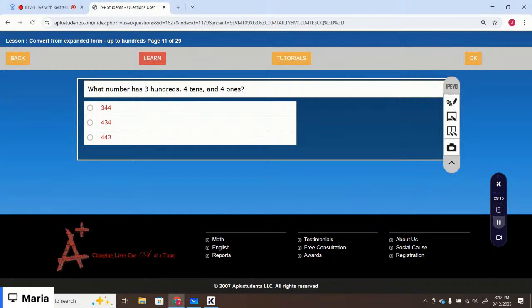What number has three hundreds, four tens, and four ones? That is 344. Option number 1 is the correct option.